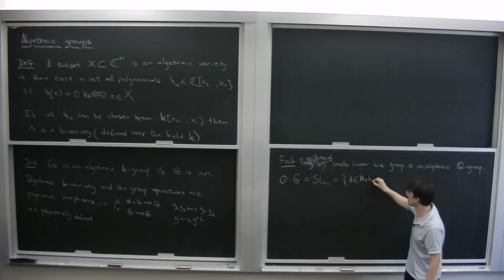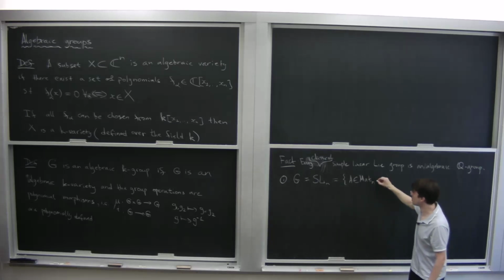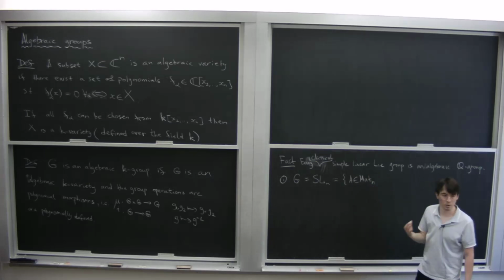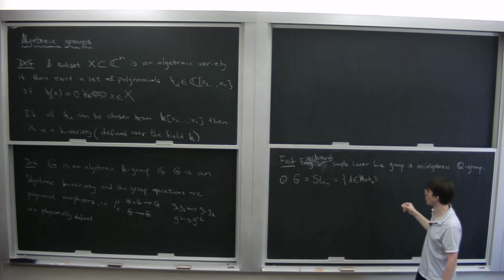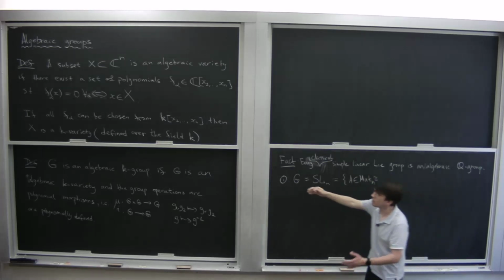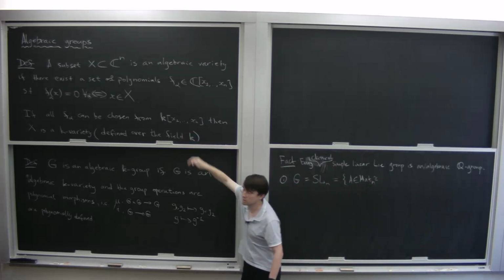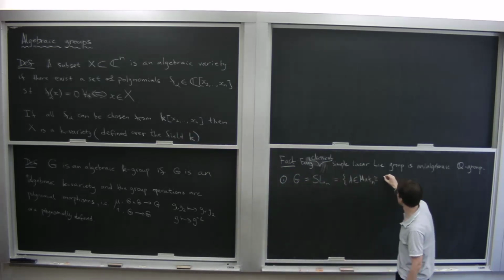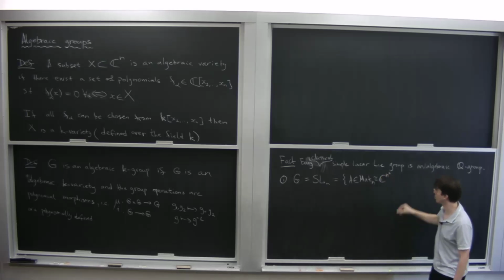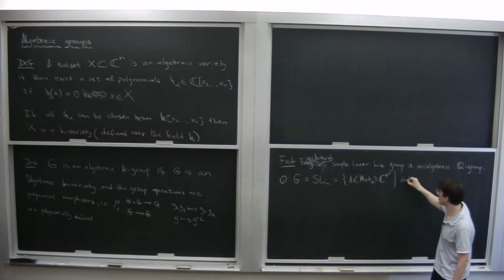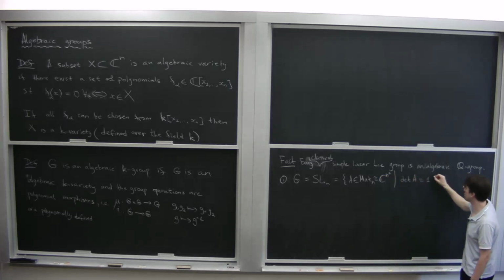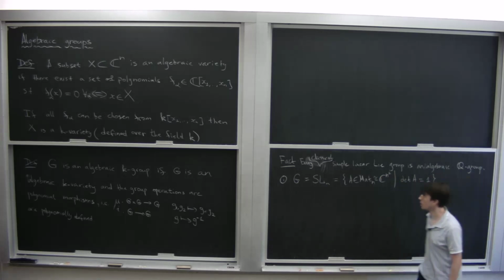So generally, it is an element of the set of n times n matrices, which can be identified with C^(n squared), and it's determined by the following equation, that det A is equal to 1.